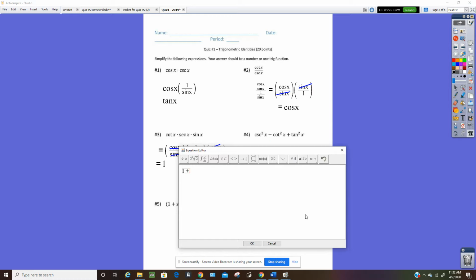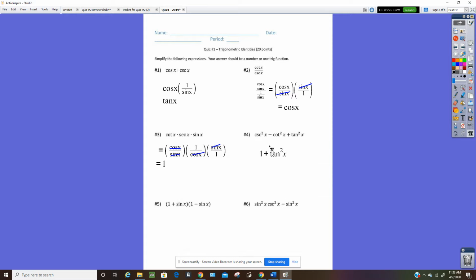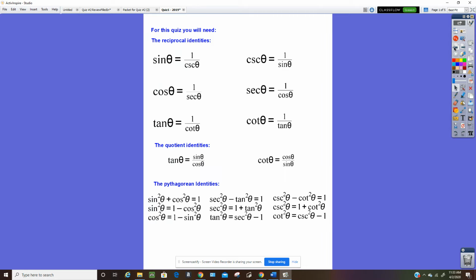And then I have plus tangent squared. So since I still have squared terms, then once again, I'm going to look back here at my identities and look for the one with the Pythagorean identities and then look for the one with tangent squared.